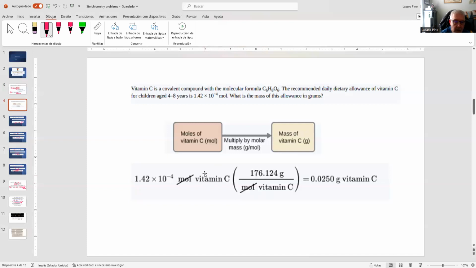You cancel mole with mole, and in your answer you have 0.0250 grams of vitamin. Look, in this case, the given number has 3 significant figures, and the answer contains 3 significant figures. Remember that the zeros to the left are not significant.